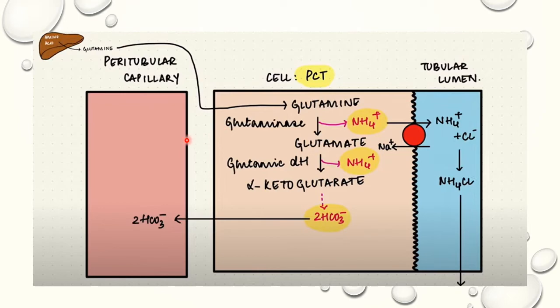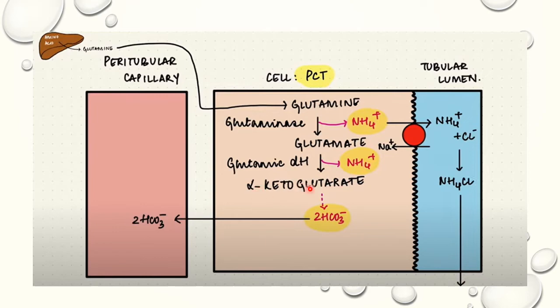We talked about bicarbonate reserve earlier, so let's understand that. In the liver, the amino acids are getting metabolized and there is production of glutamine. This glutamine in the PCT is acted upon by glutaminase to give glutamate, and in this process one ammonium ion is produced. This glutamate is further metabolized by glutamate dehydrogenase to give alpha ketoglutarate, and by this process another ammonium ion is produced.